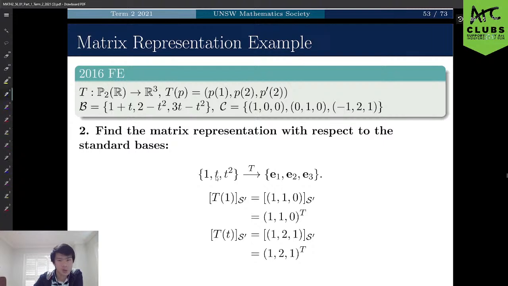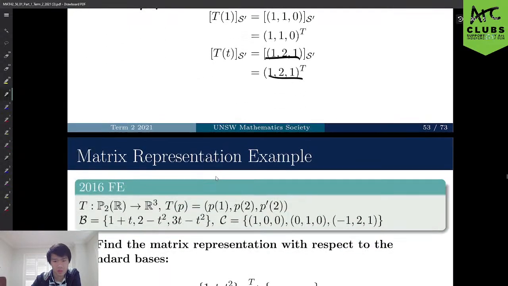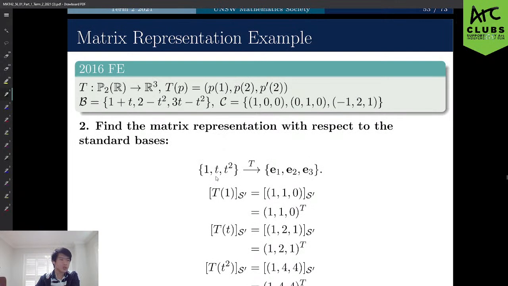Same thing with t. Exactly the same process. We just calculate t of t. That's the second element in our basis. And that's going to be 1, 2, and then the derivative is always going to be 1. And then we get this and that. Final thing, we do the transformation of our squared function, the transformation of t squared. And what this means is we're going to have t of 1, sorry, not t of 1.